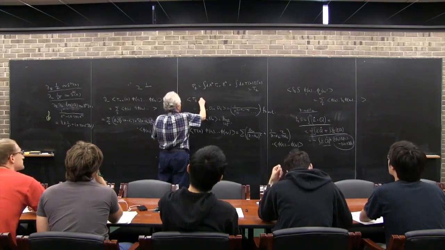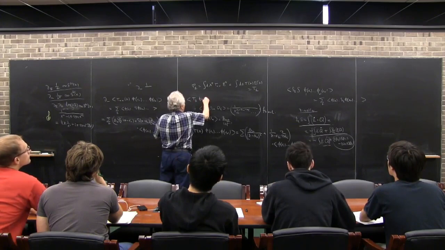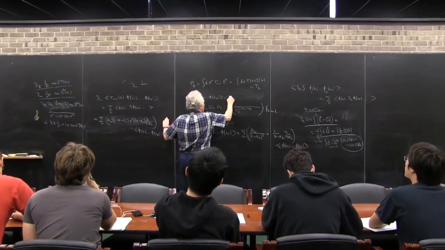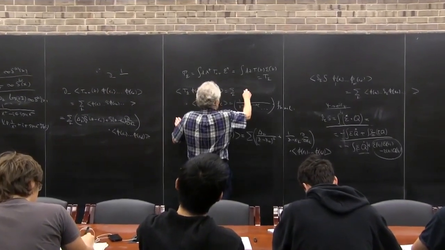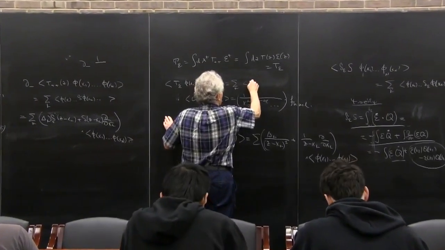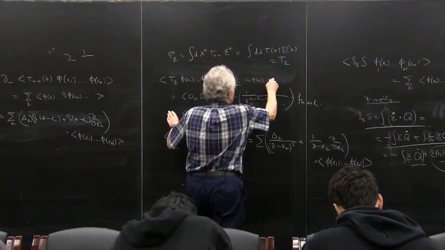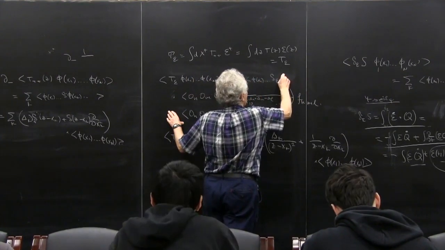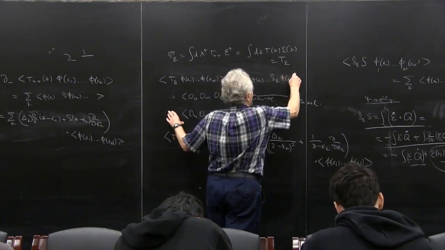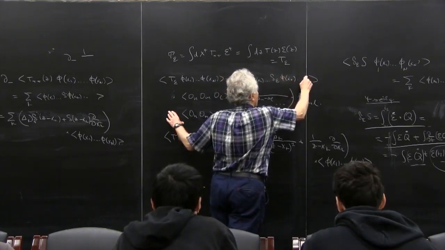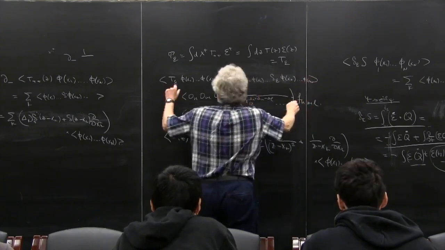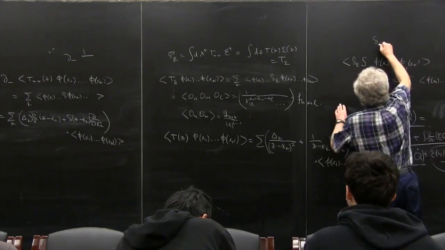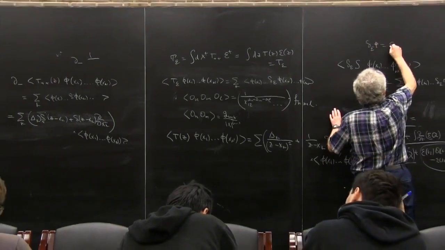T epsilon phi of x1 ... phi of xn is simply the sum over k of phi of x1 ... delta epsilon phi of xk ... phi of xn, literally this identity, where delta epsilon phi is something which we know.